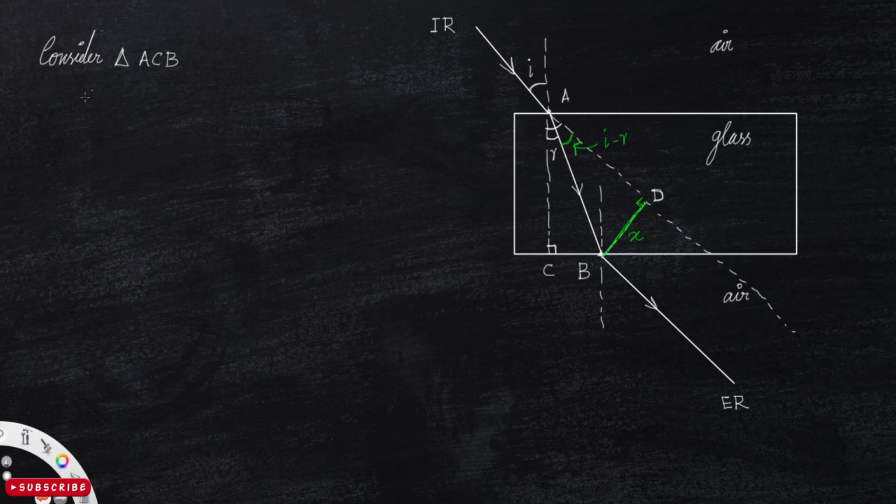When you take the cosine of R, cos R is adjacent side AC divided by hypotenuse AB. AC will be the thickness of the glass slab. Let's call that T, where T is the thickness of the glass slab. So cos R is equal to T divided by AB. If you take AB to the left and cos R to the right, AB is equal to T divided by cos R.